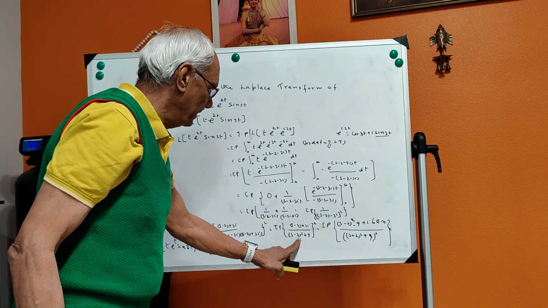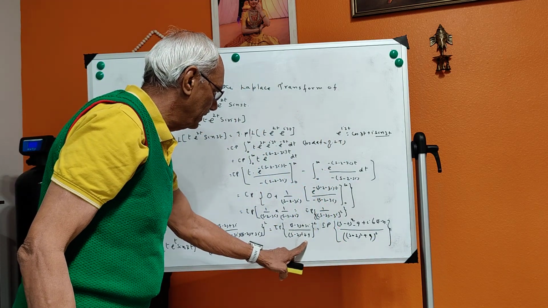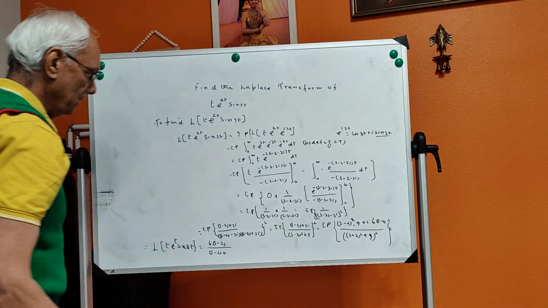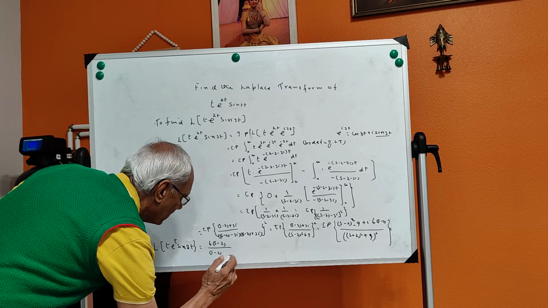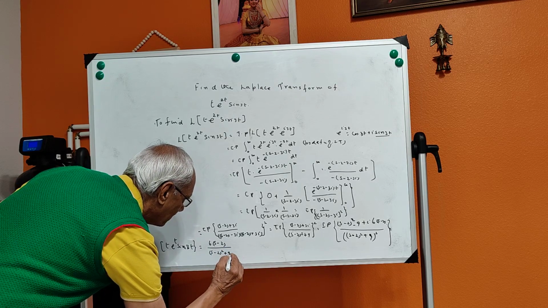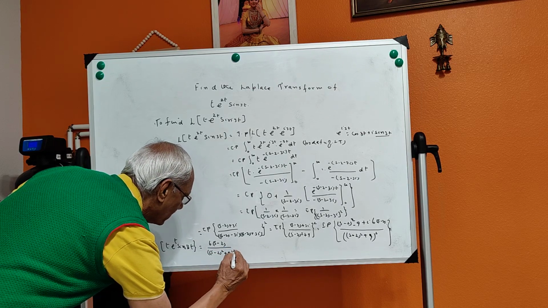You square this and this is (s minus 2) whole square plus 9 whole square.